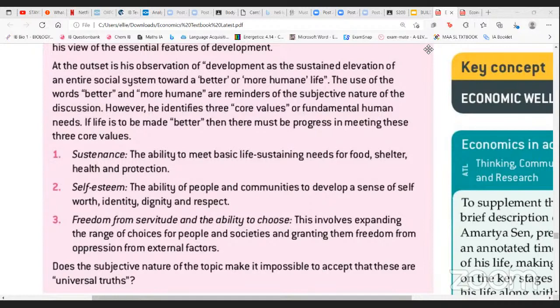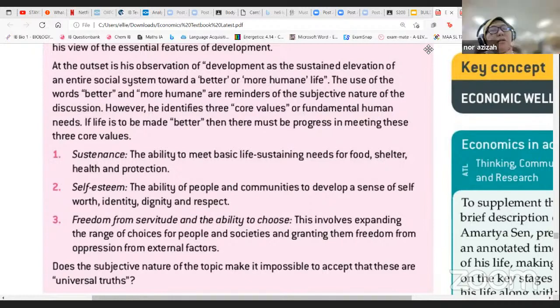Tapi counterclaim boleh jadi these three universal truths are not really universal sebab maybe from different culture, dignity and respect tu does not correlate dengan material sangat ke macam tu. The different culture, freedom is limited, right? Okay, faham teacher.